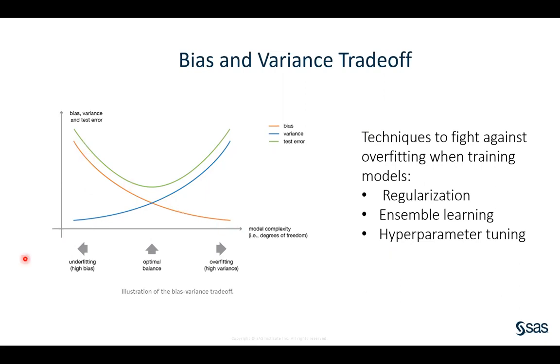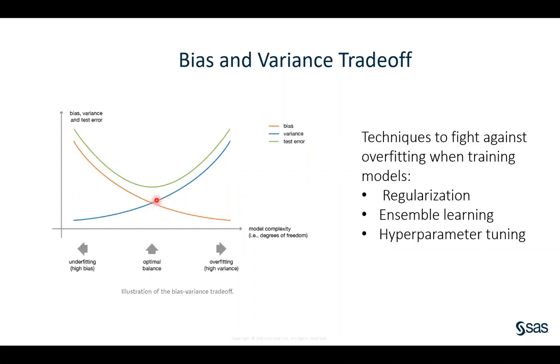So it's hard to get a model that has both low bias and low variance. The total error of the model is bias plus variance, so this green curve. When we train a model, we would like it to have a small prediction error, total error. So we would like to have a model somewhere here, where this shows the optimal balance.